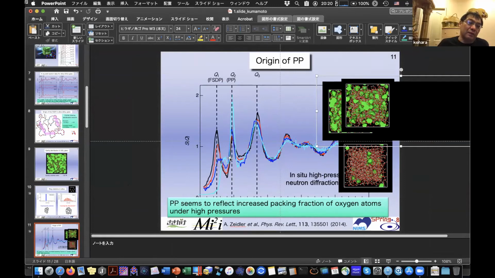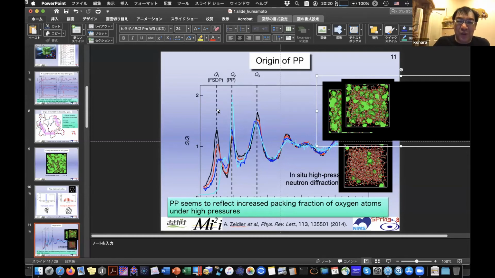PP still survives, because at very high pressures the principal peak becomes sharp due to the increased packing fraction of silicon atoms. In the case of the tetrahedral motif, the packing fraction of silicon atoms is the same, because silicon is 4-fold. But under very high pressure, silicon is 6-fold, so the packing fraction of silicon atoms becomes large.